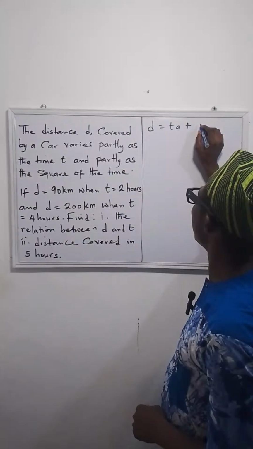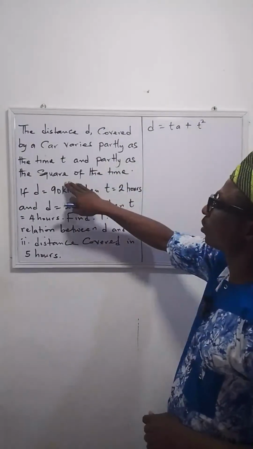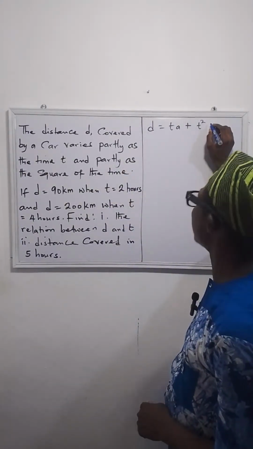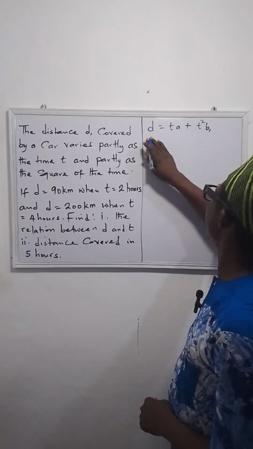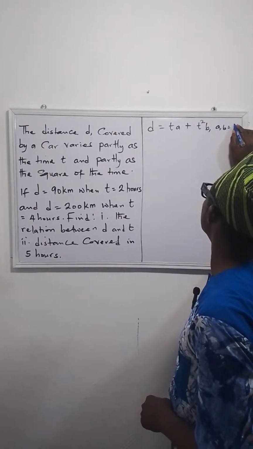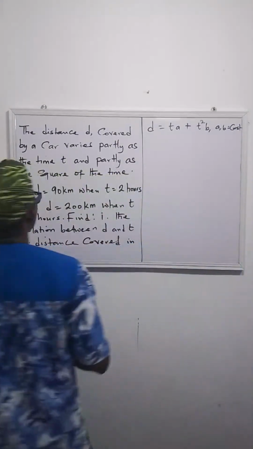So that means we also have t squared, and then we can introduce another constant. Let's call that b. So in this equation, a and b are the constants. All right, so that's the first thing to do.